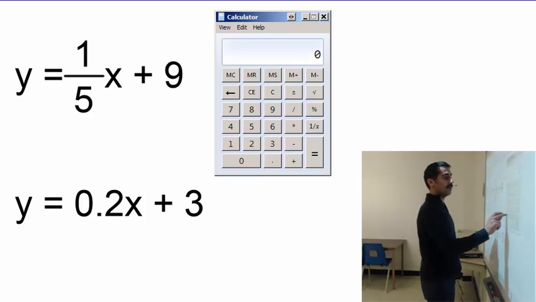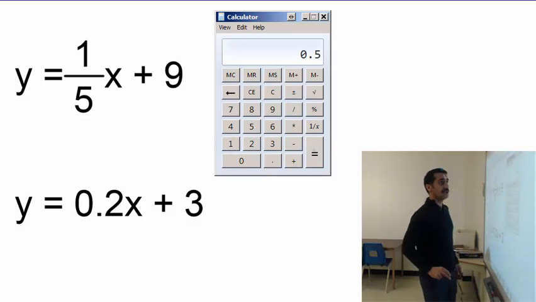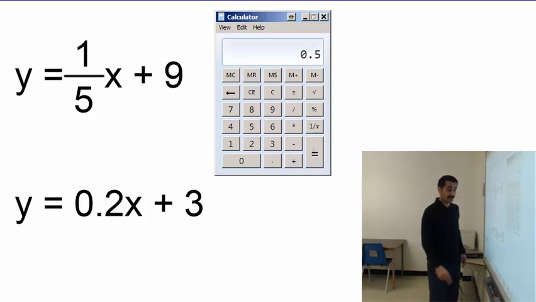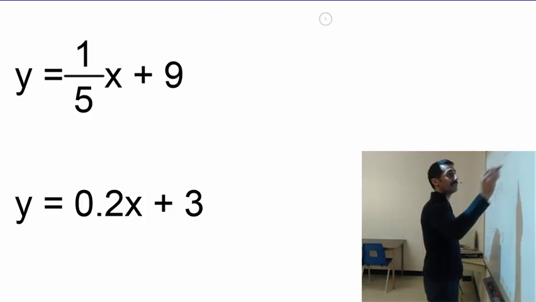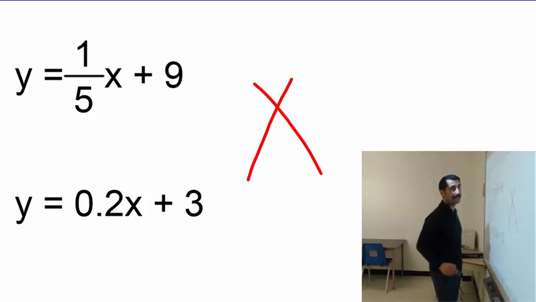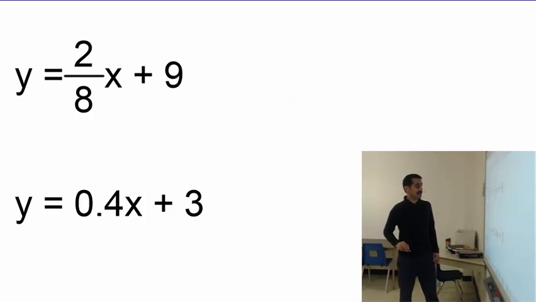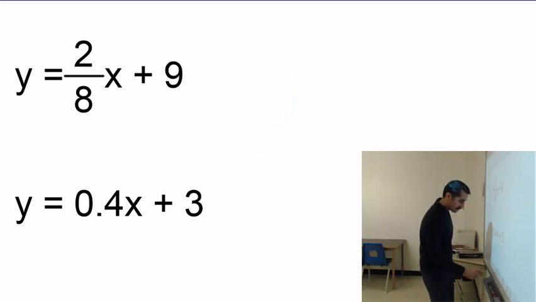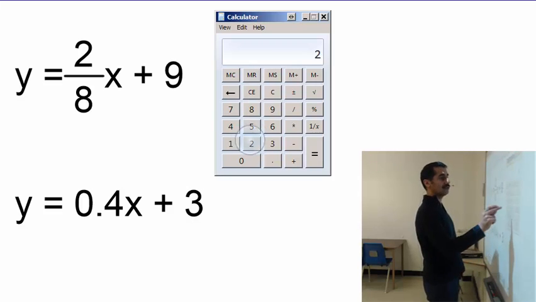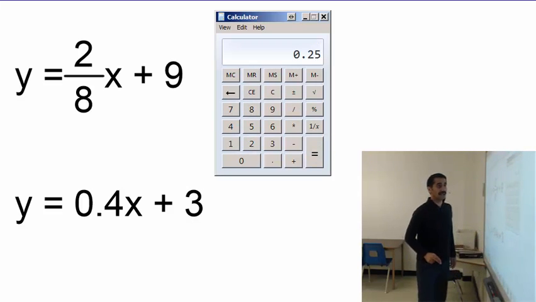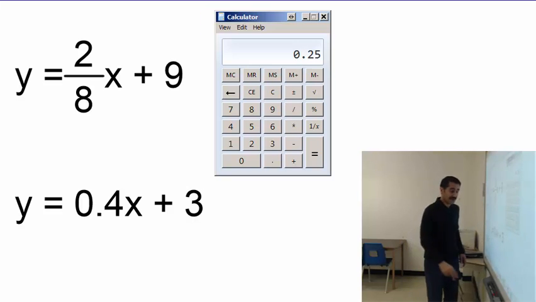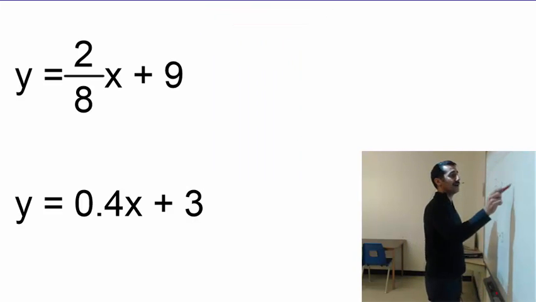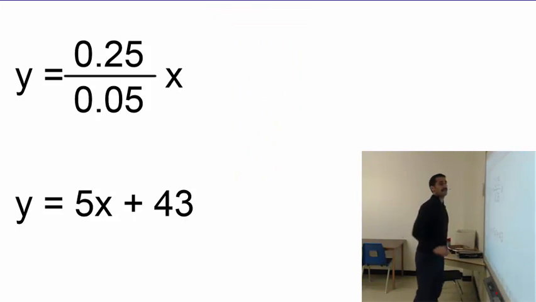Let's just try. 1/2 is 0.5. That is 0.2. No, these two lines are not parallel lines. Next, we have this 2/8. 2/8 is 0.25, and the other is 0.4. No, these two are not parallel lines.